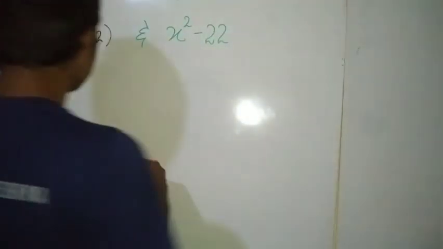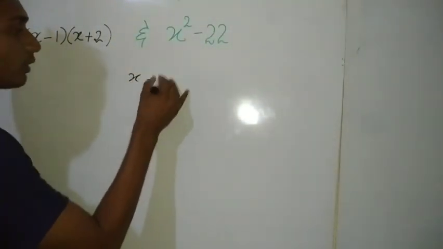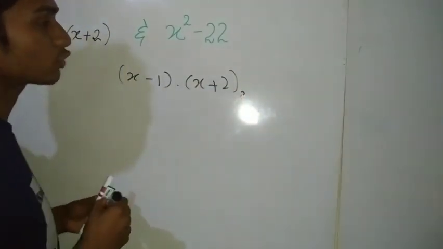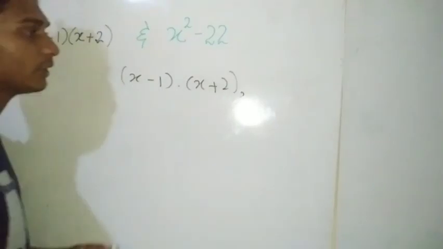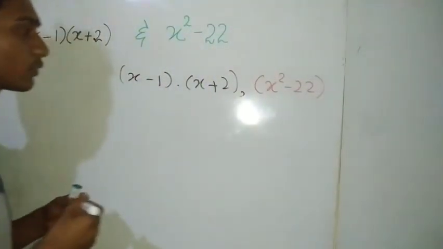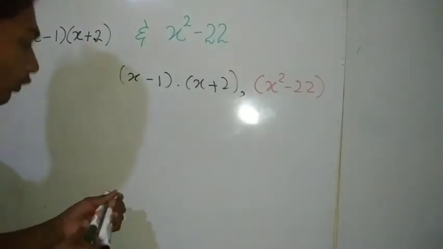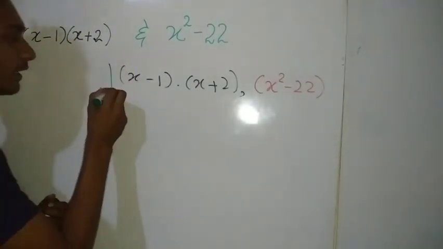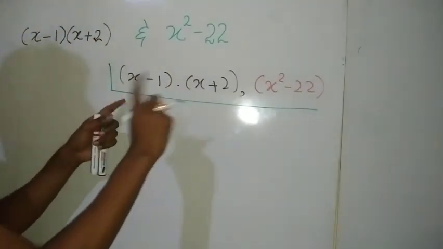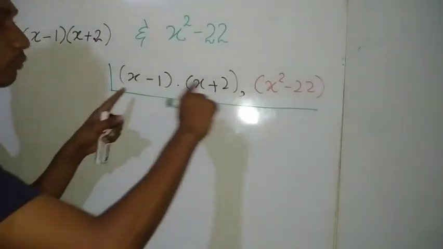So we have x minus 1 into x plus 2, comma x squared minus 22 to be our terms. In order to find the LCM, we just draw this line that we usually draw, and now we see whether there are any common terms for both of these two terms.